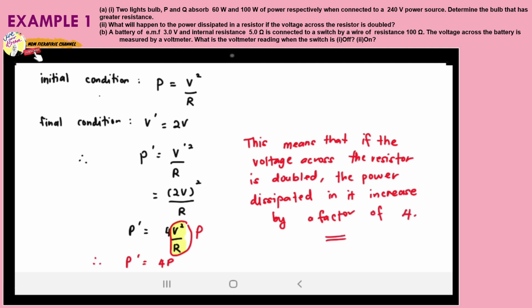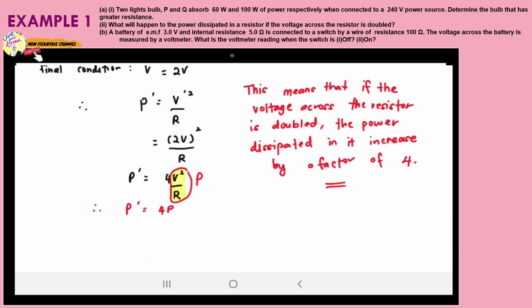So we can see that the power dissipated will increase 4 times compared to the initial condition. When we double the voltage across the resistor, the power dissipated also increases. Alright, good. Now let's proceed to question B.